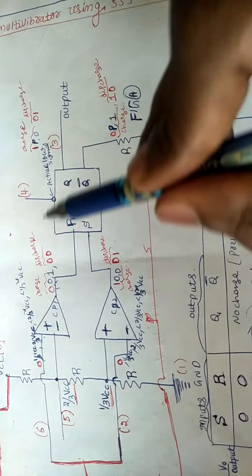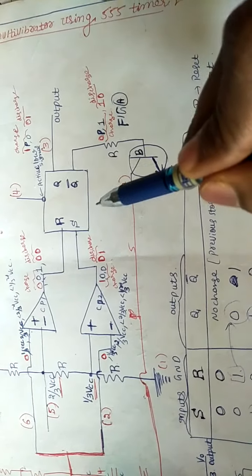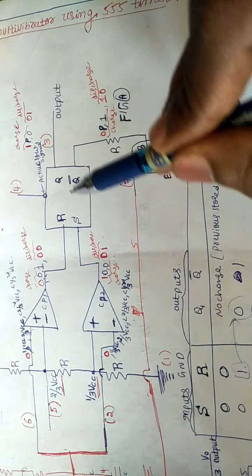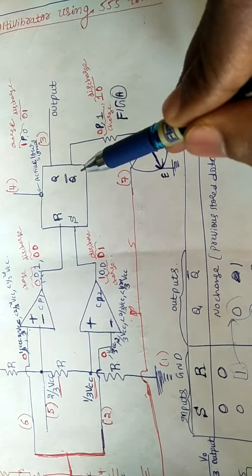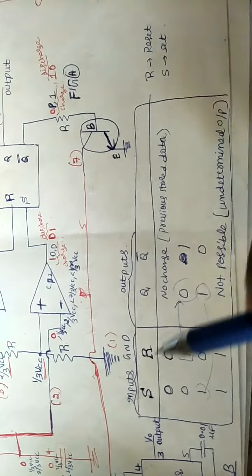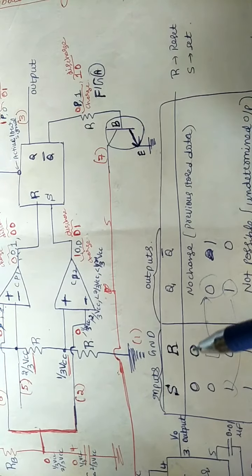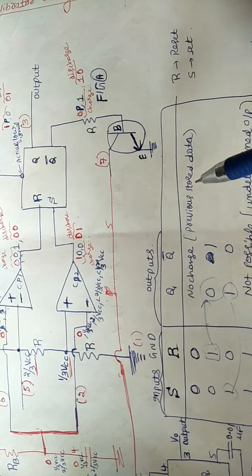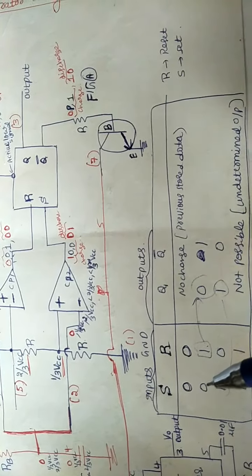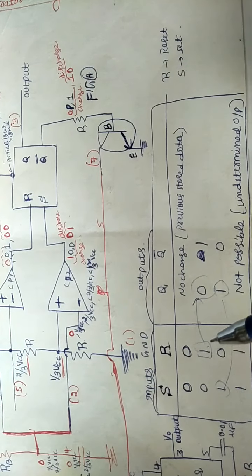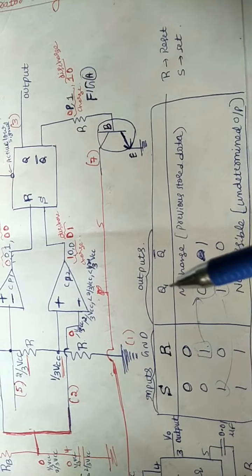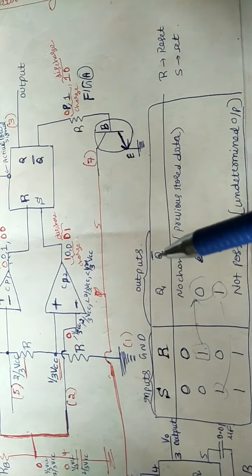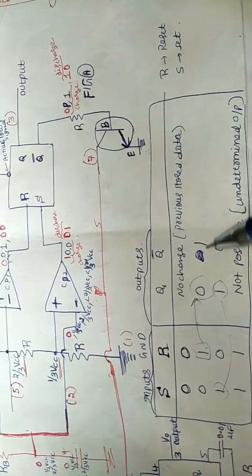Okay, this is an SR flip-flop, right? R stands for reset, S stands for set, Q is output, Q bar is complement of Q. If both S and R are 0, there will be no change. Previous data will appear at the output. If set is 0 and reset is 1, the output should be 0, then Q bar will be the complement of that, that will be 1.